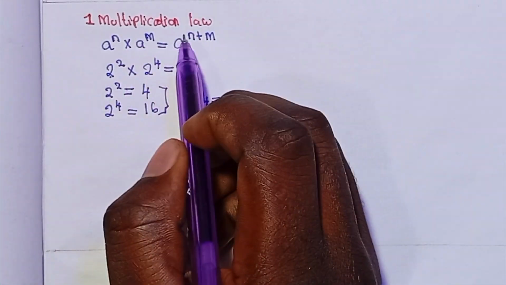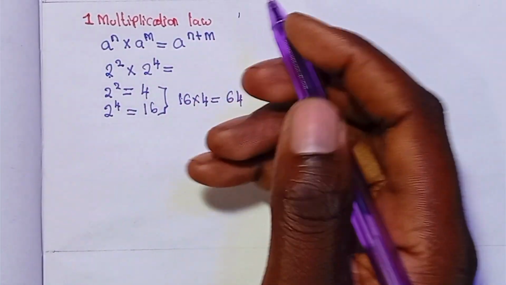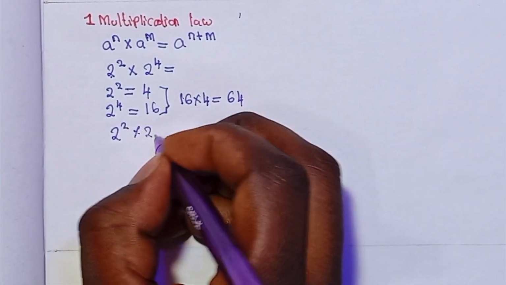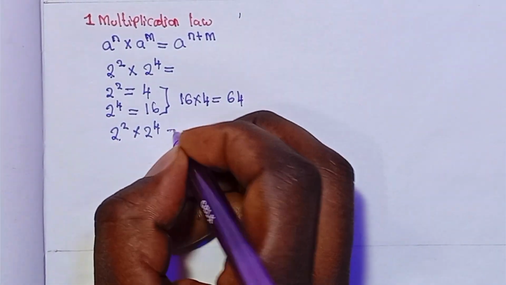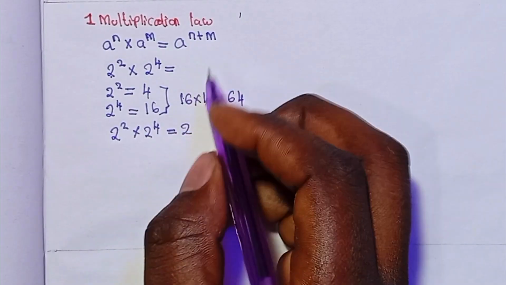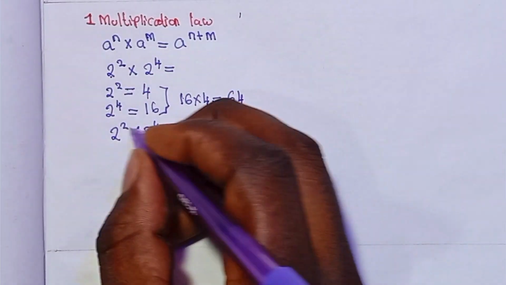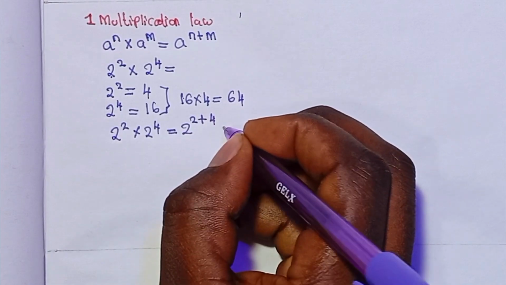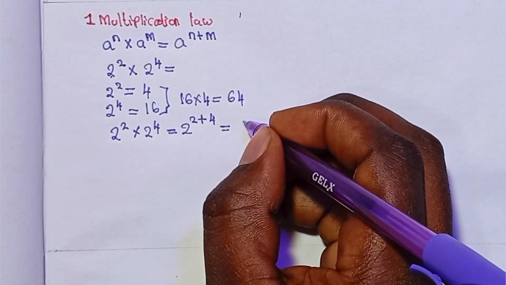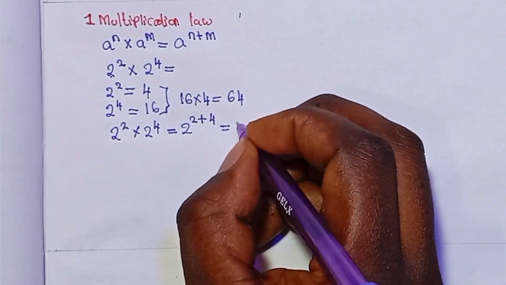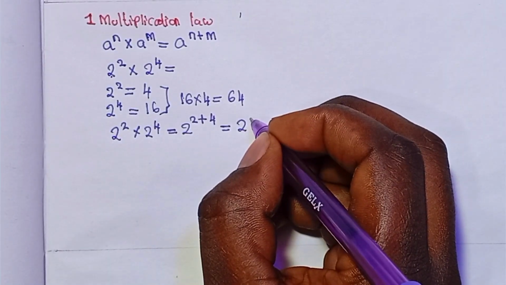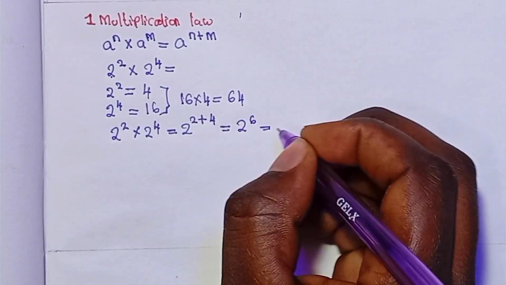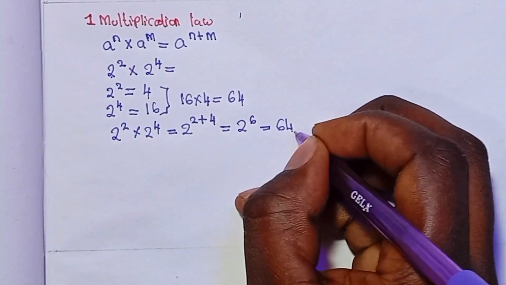But using the multiplication law of indices, we have this 2 squared times 2 raised to 4. This is the same as 2 raised to 2 plus 4. This basically means you have 2 raised to 6, since 2 plus 4 is 6, which is the same as 64.